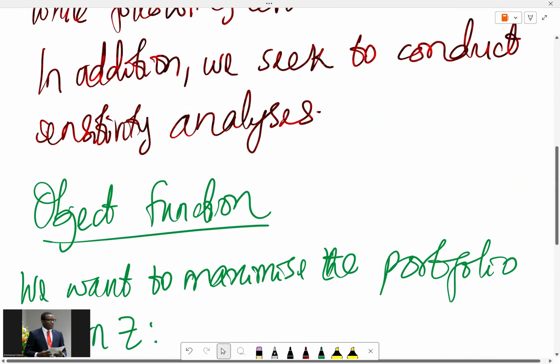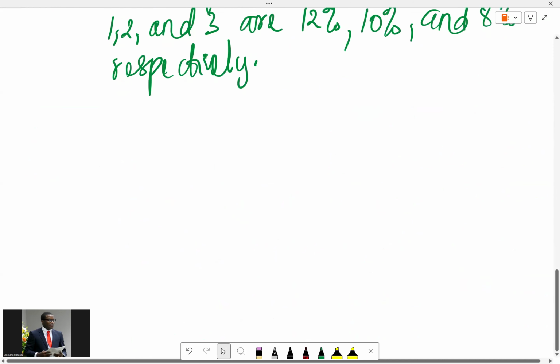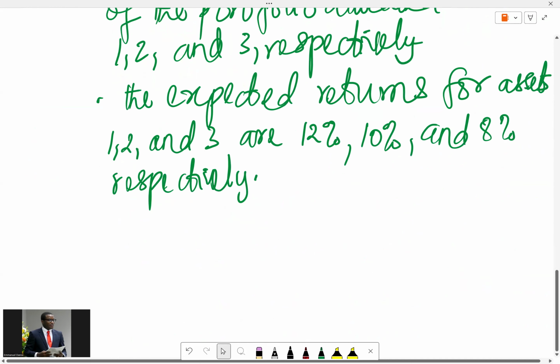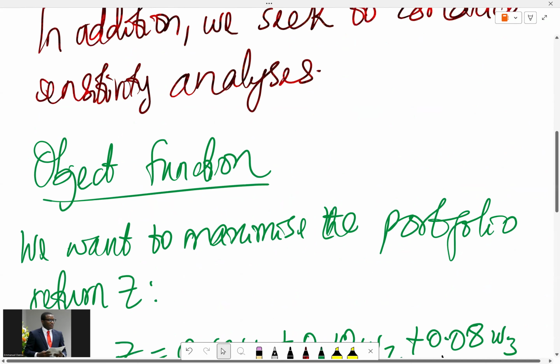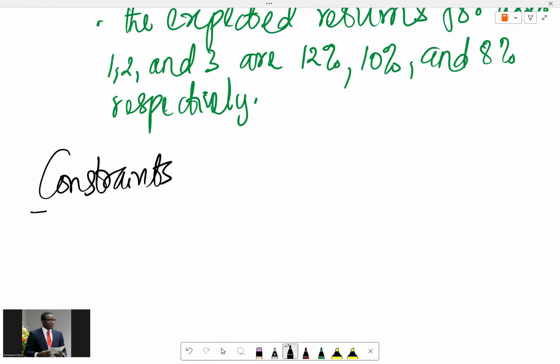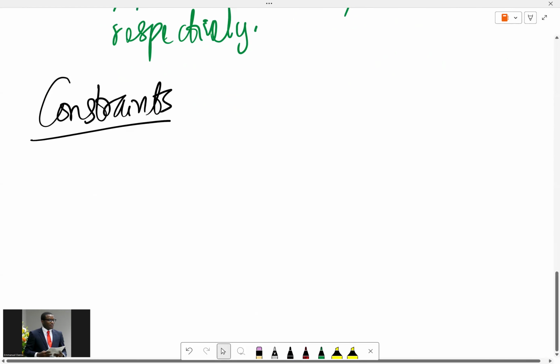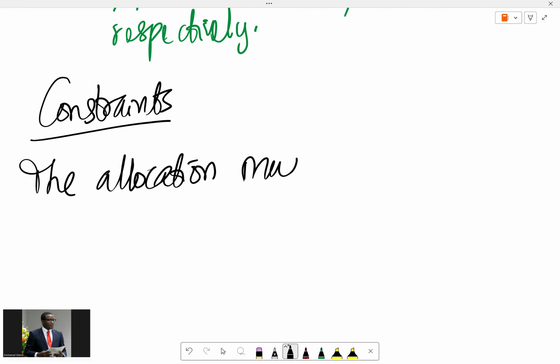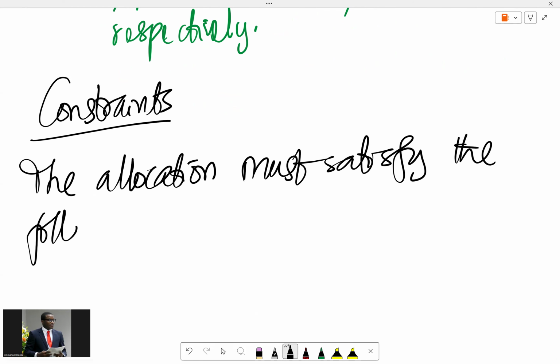So that's about the objective function. Now let's talk about the constraints. The allocation must satisfy the following conditions.